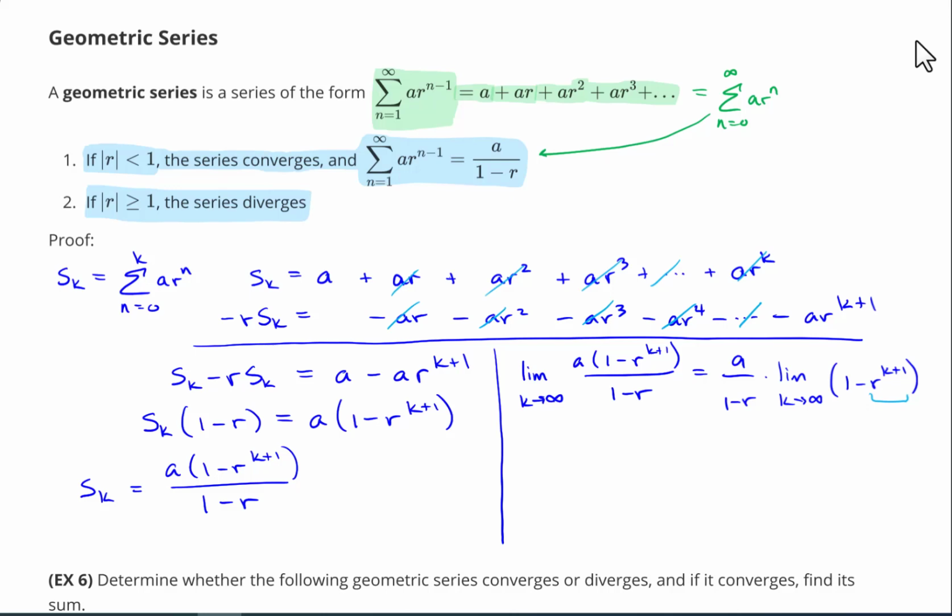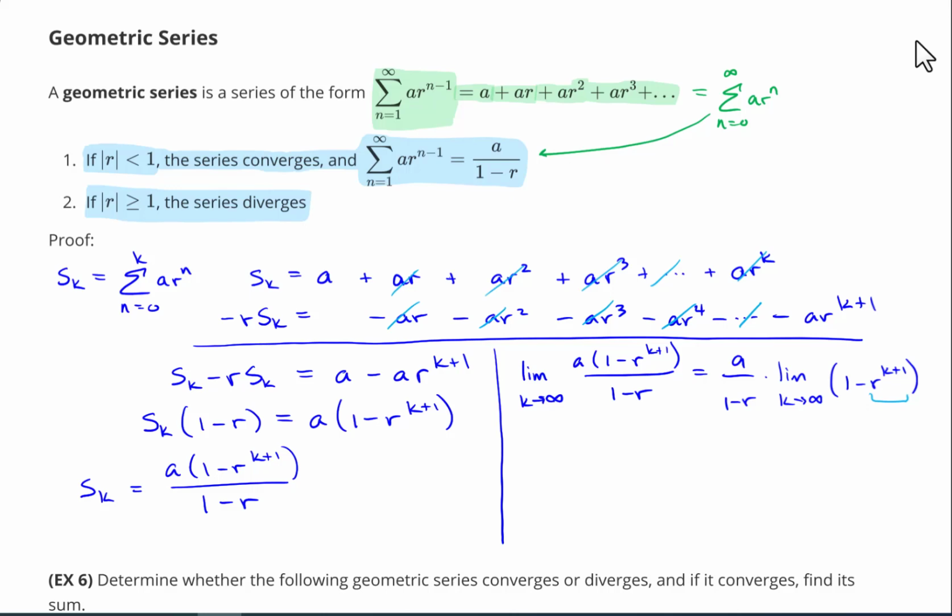So the thing is, if it's going to converge to a real number, it all kind of depends on what happens with r here, because clearly the 1's going to converge since it's just a constant. But raising something to the k plus 1 power where k keeps increasing, so I have some value to the first, some value squared, some value to the third, some value to the fourth. I'm adding these larger and larger powers.